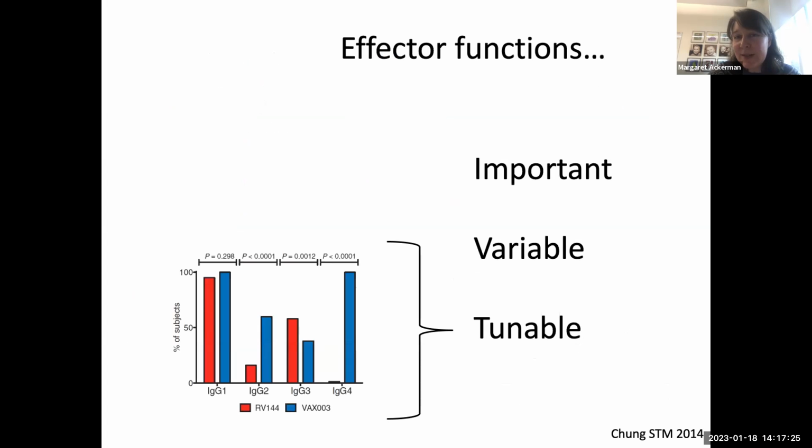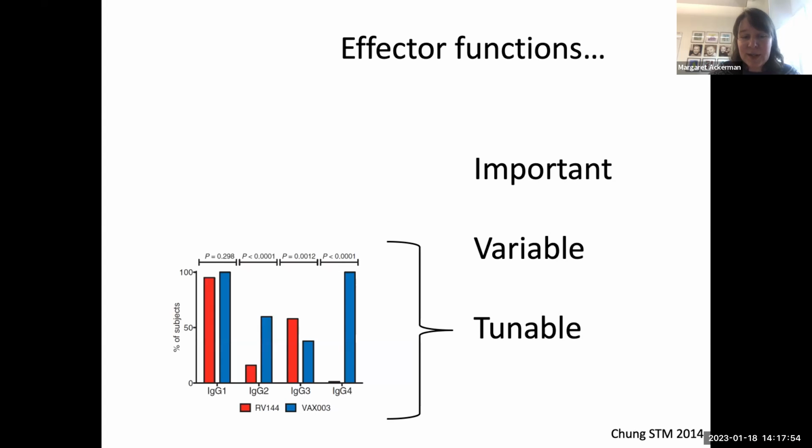And the last point I wanted to make about these functions is that they're tunable. The example I'm highlighting here comes from a pair of HIV vaccine regimens and trials. So RV144, or the Thai trial shown in red, you can see the number of subjects that mounted an IgG1, 2, 3, and 4 response illustrated in the bar graph, in comparison to the VAX-003 vaccine trial in blue.